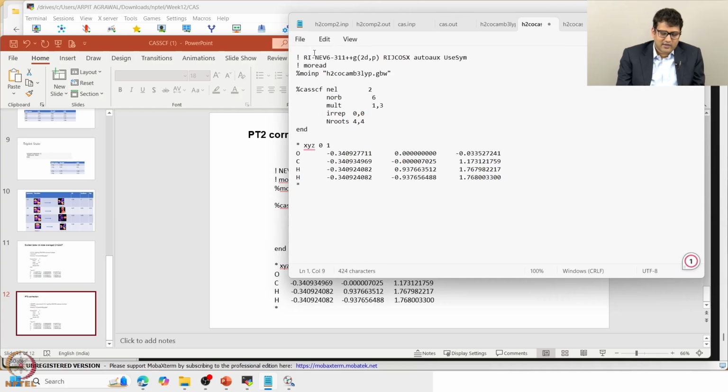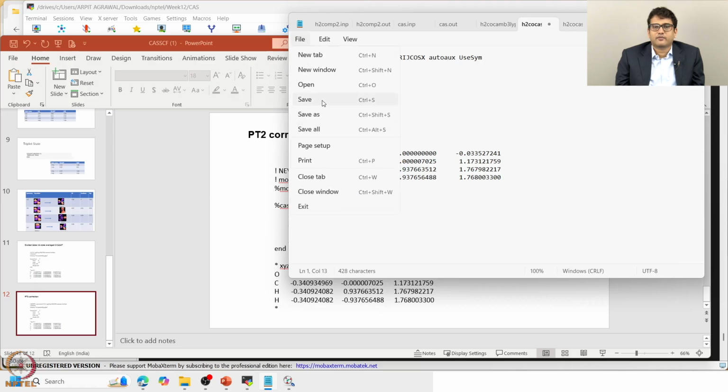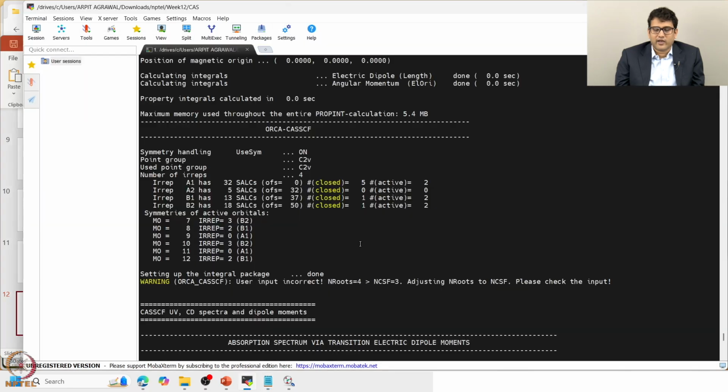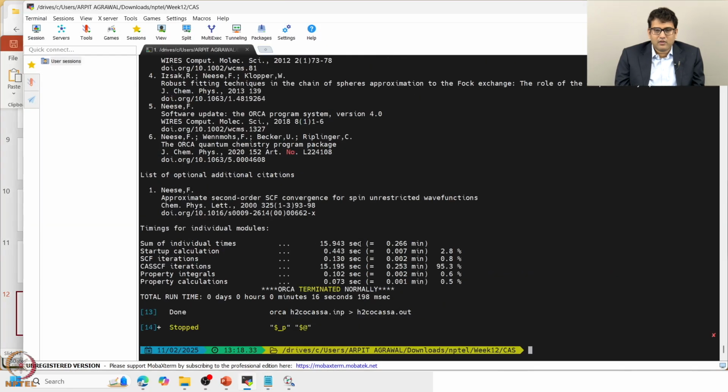NEVPT2 calculations are generally quite cheap, and you can always do them after a CASSCF calculation. So I will now rerun the file.